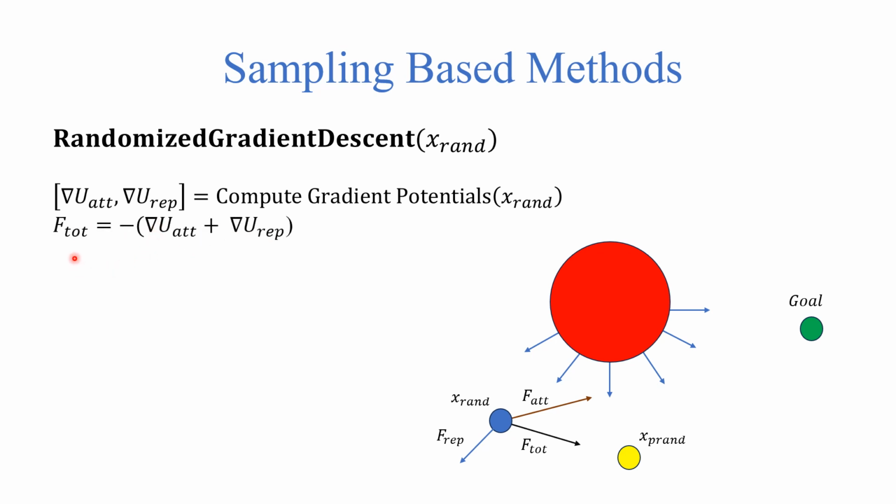Now the total force would be the negative of the sum of the gradients, and the XP rand would be the random point plus an alpha in the direction of F total. Now notice here that we normalized the F total force, just to create a normalized fashion of how to move in this direction.